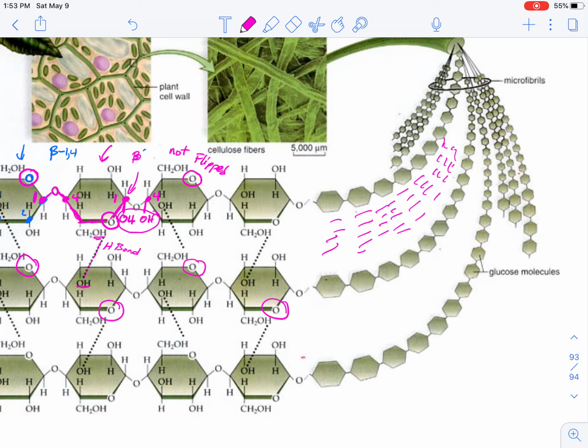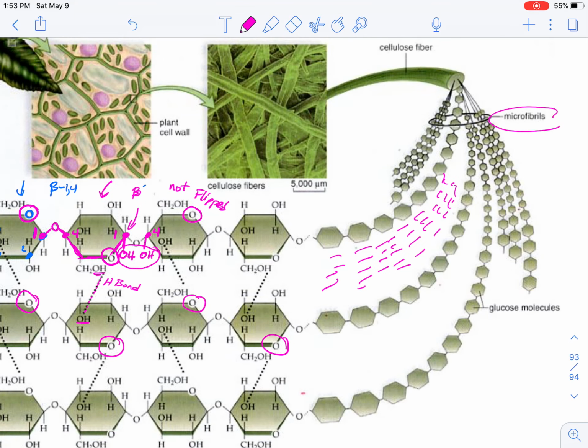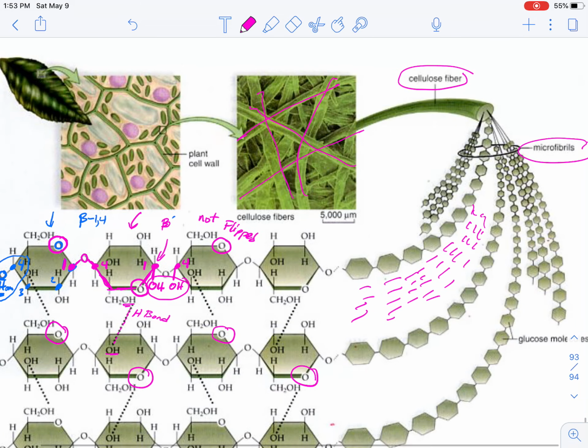And since these hydrogen bonds are very strong intermolecular forces, it's enough for these individual strands of cellulose to form microfibrils, to later form cellulose fibers. And the cross weaving of these cellulose fibers, if you will, is enough to create a very rigid cell wall.